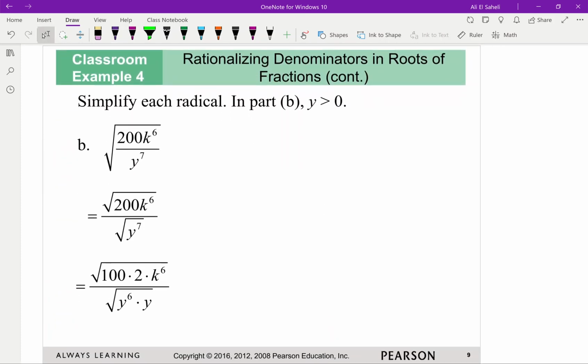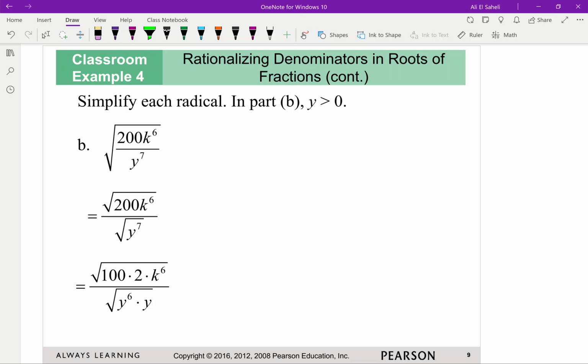Simplify each radical. Radical 200 k to the power 6 over radical y to the power 7. Now, the radical is a square root in all these cases.